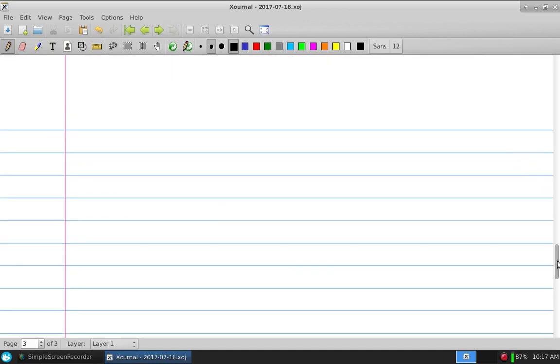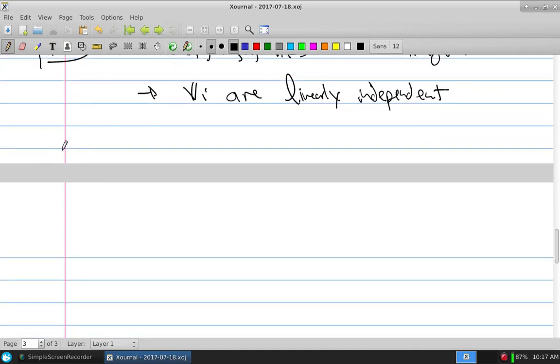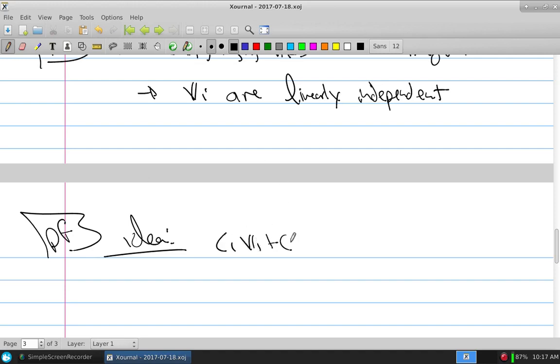Why would they be linearly independent? Well, what would be the idea behind that proof? How do you show linear independence? No combination of the vectors gives zero. So what we check is C1 V1 plus C2 V2 plus everything up to Ck Vk equals 0.